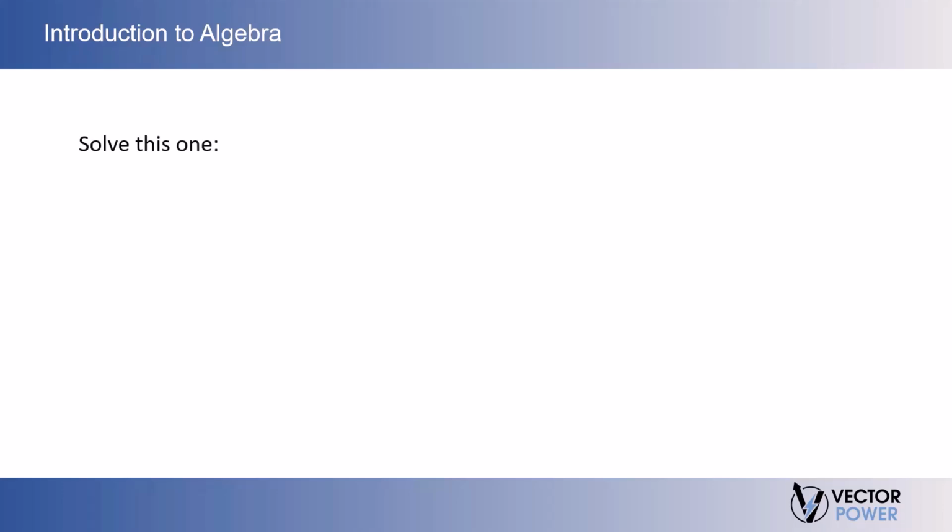Now, let's go ahead and solve this one. X plus 5 equals 12. What we want is an answer like x equals something. But the plus 5 is getting in the way of that. We can cancel out the plus 5 with a minus 5 because 5 minus 5 equals 0.